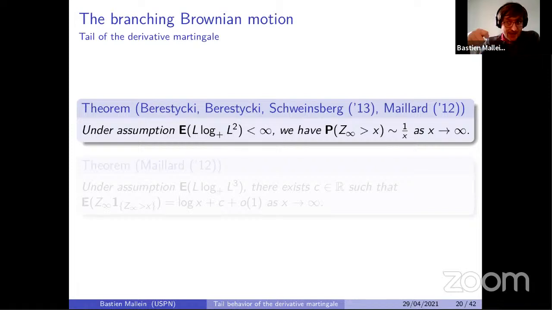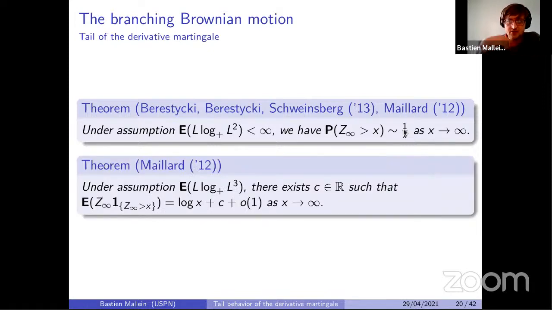So regarding the tail of the derivative martingale of the branching Brownian motion, lots of results are known. And under those integrability conditions, it is already known, for example, that the tail of the derivative martingale behaves as 1 over x as x goes to infinity.